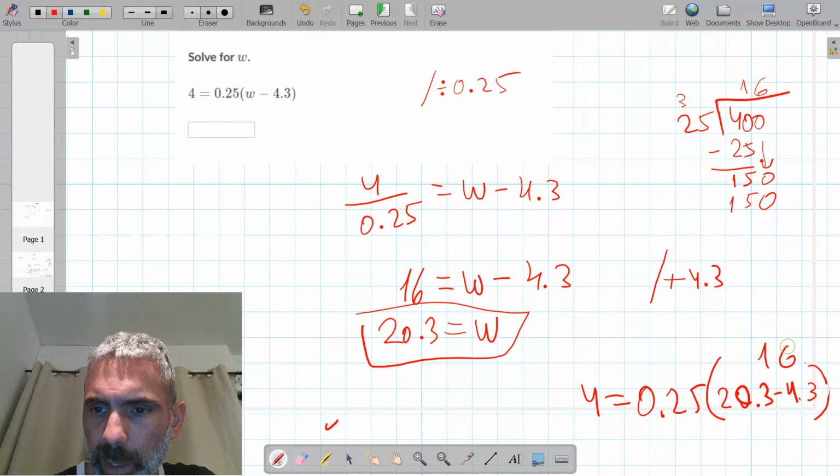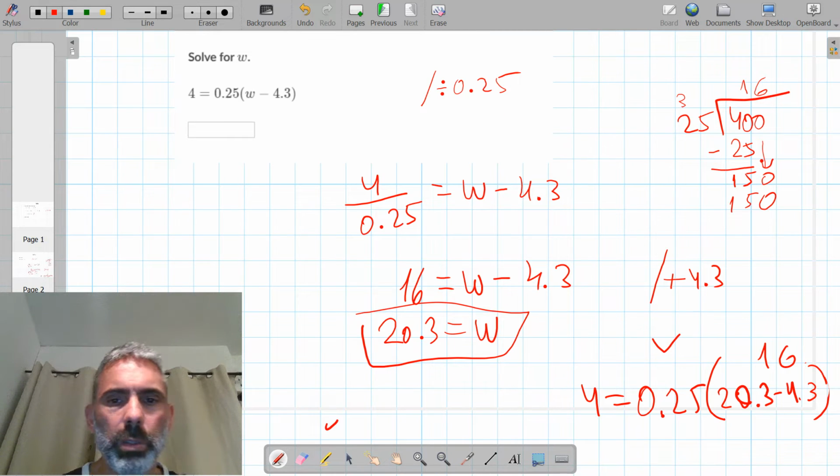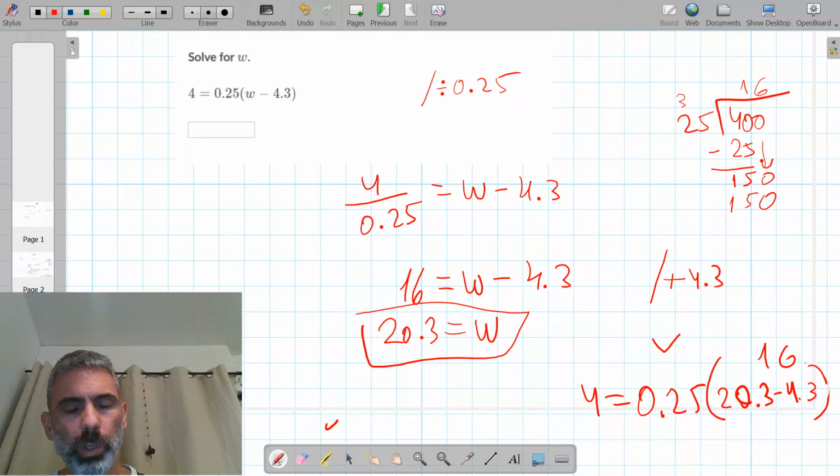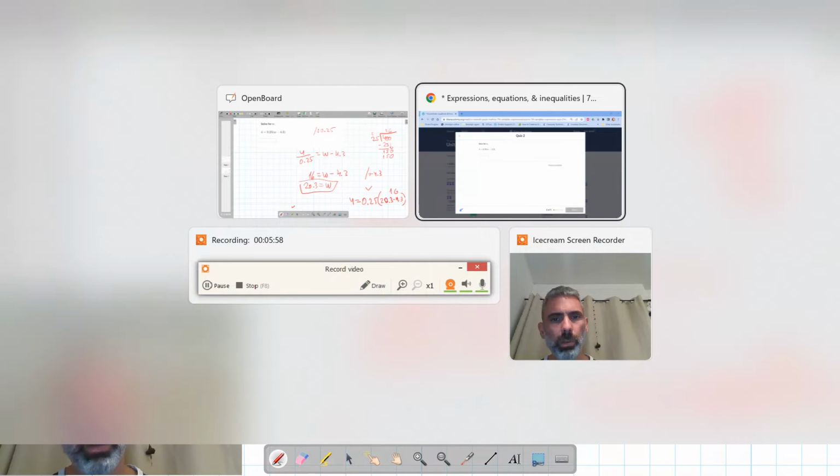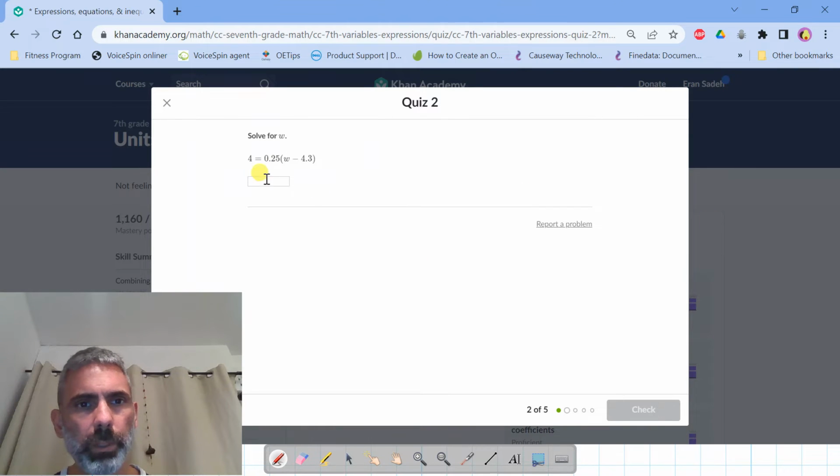So this is 16, and 0.25 is a quarter of 16. So this is good. So the result is indeed 20.3. W equals 20.3.